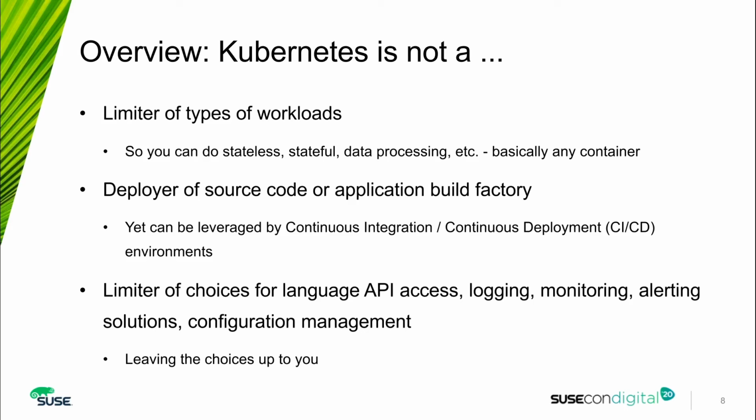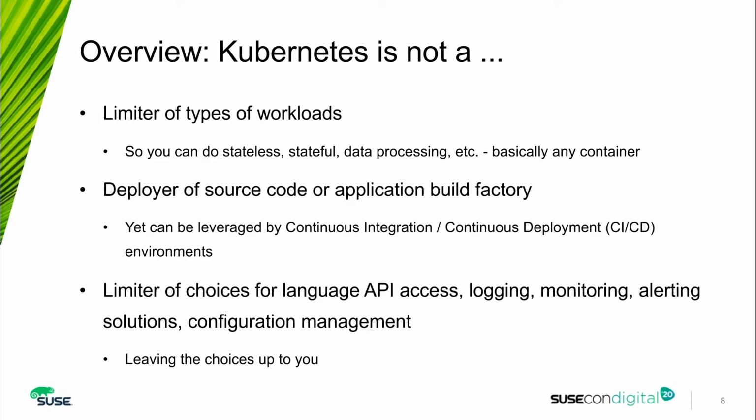All right. It's not really a deployer of source code by itself. Okay. It assumes that that container image is sitting there, and you told me to deploy it in this fashion with this name or this label in this environment and do these connections and whatnot. It's not necessarily the CI/CD, the continuous integration, continuous deployment, all the way from the source code.